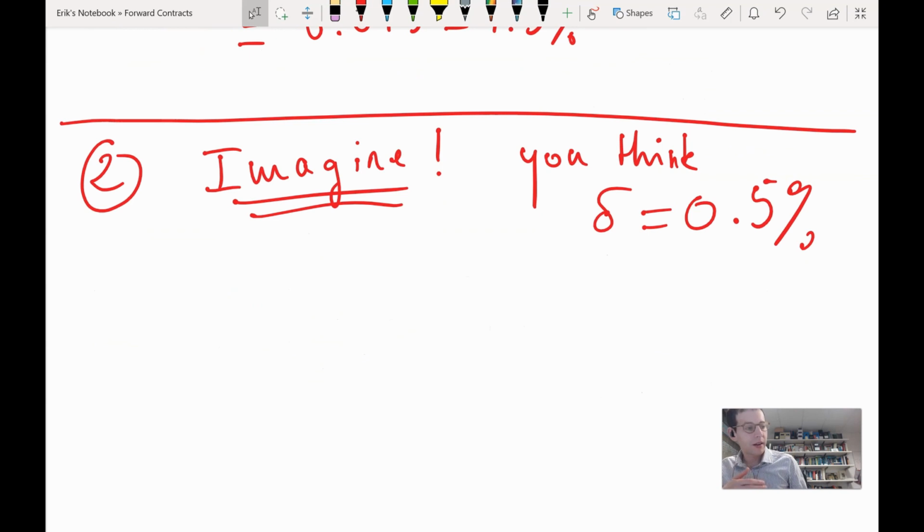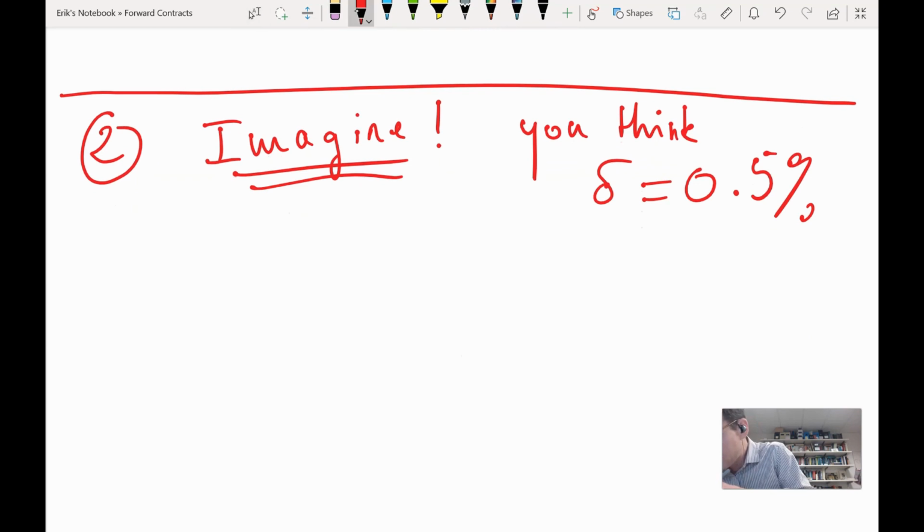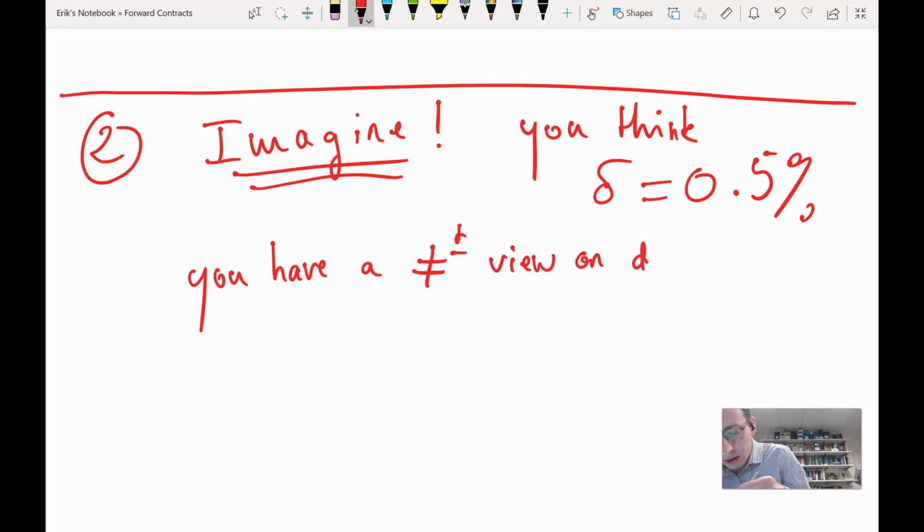So delta is below what the market thinks it is. So you have a different view on the dividend.